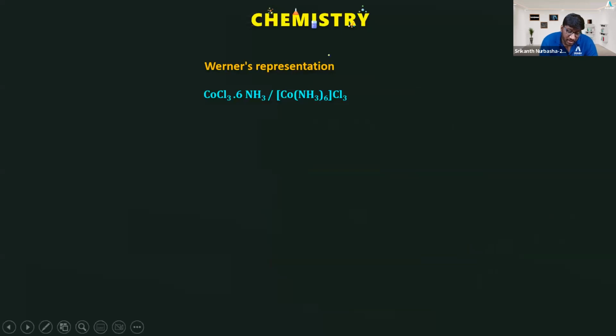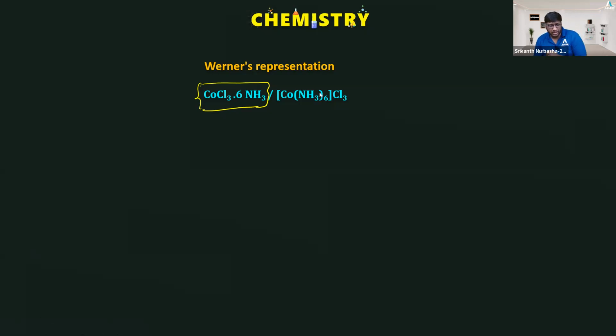In Werner's representation, there is a complex of molecular formula CoCl3.6NH3. He represented this complex by saying that all 6 NH3 act as ligands: [Co(NH3)6]Cl3. Now you may have a doubt.